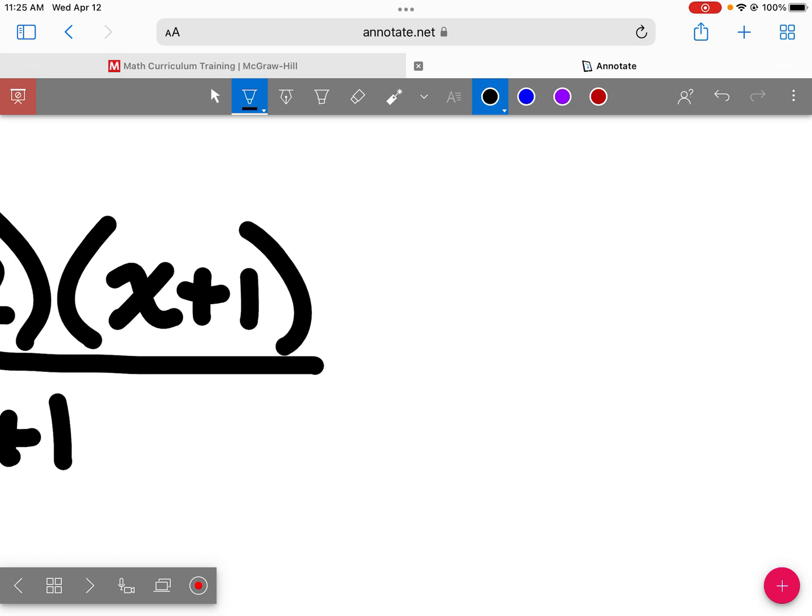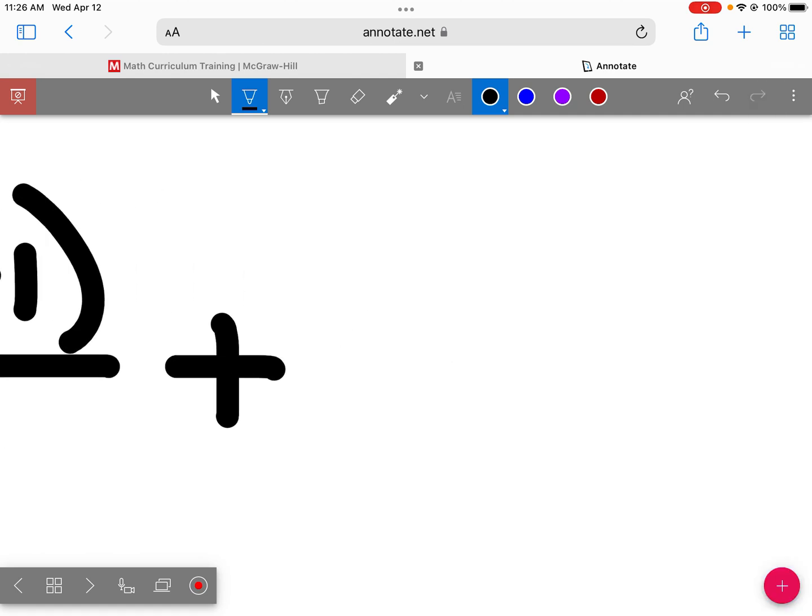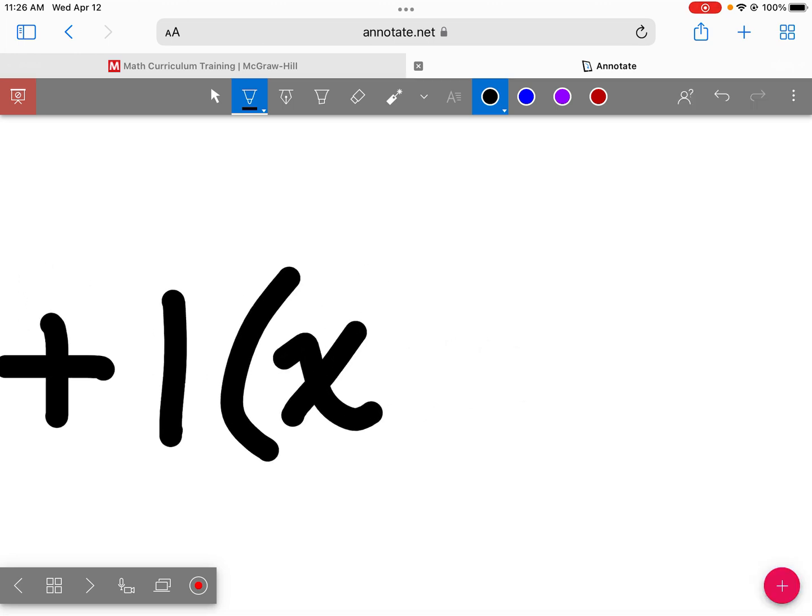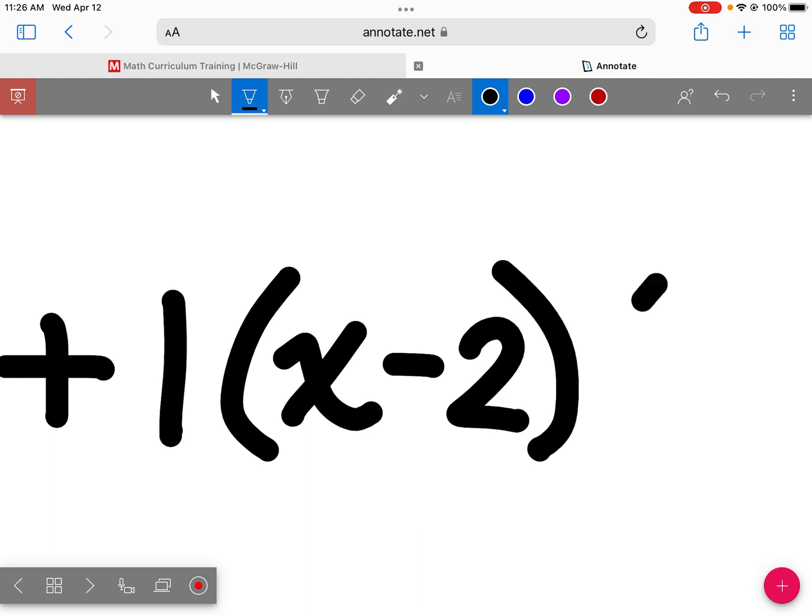So I had a 4 and an x minus 2 and an x plus 1 right there over x plus 1. I need to bring down my plus sign. What do I have after the plus sign? 1 times x minus 2, x plus 1.